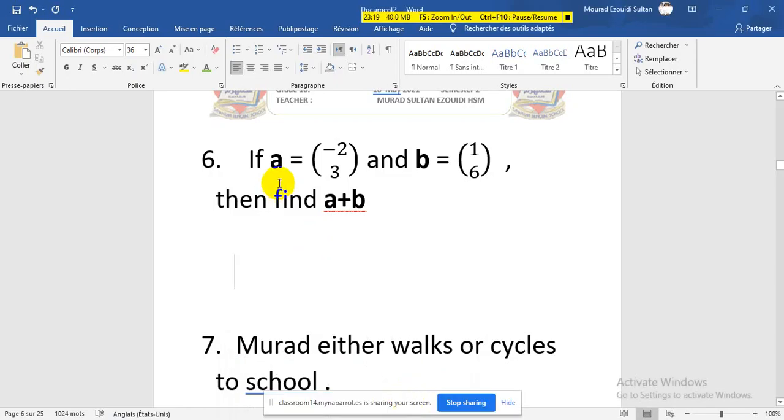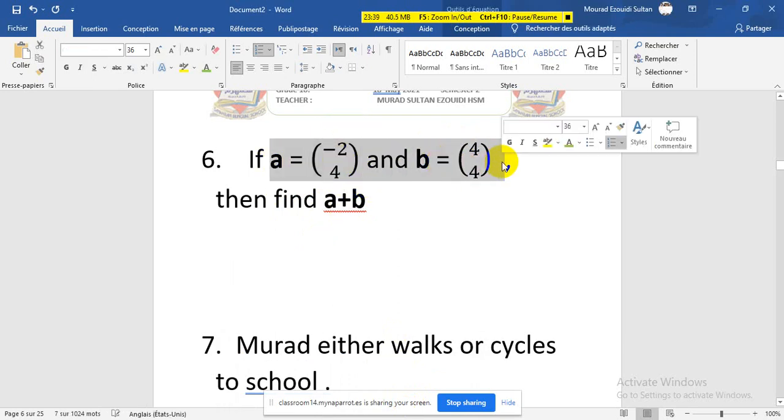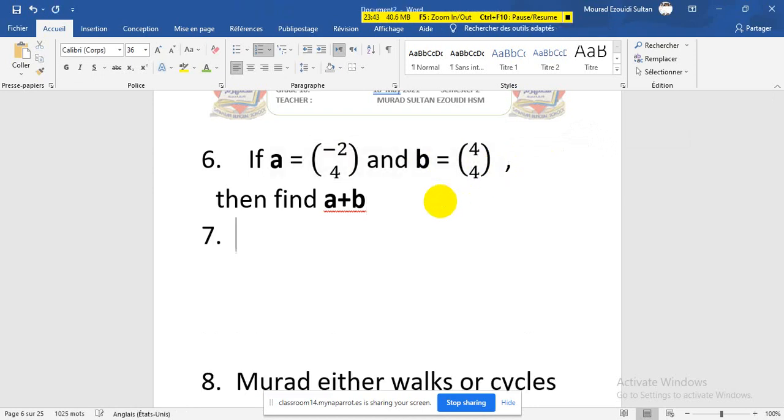Here, if A equals negative 2, 4, for example, and B is 4, 4, if we suppose that, the question is then find A plus B. As we have two vectors here, my learners, we'll just add A plus B. It's very easy.